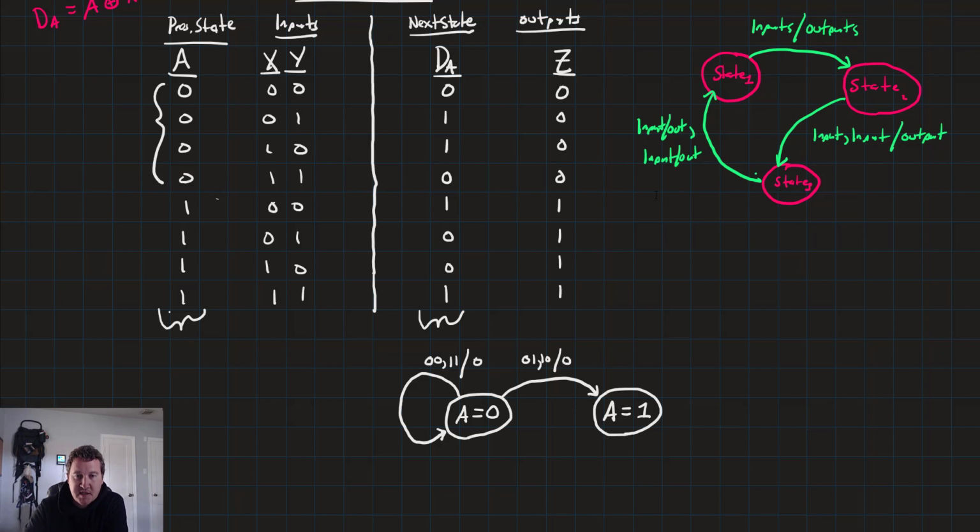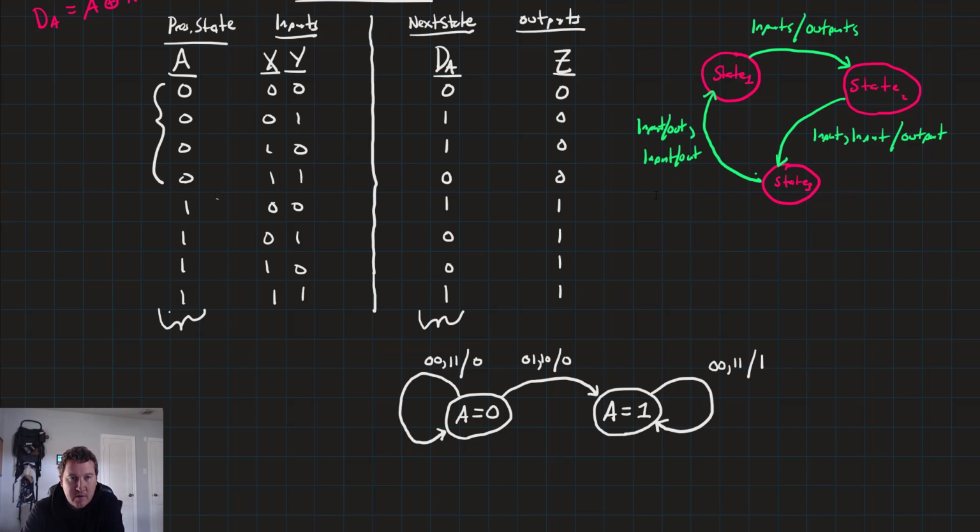Now let's look at state 1. In state 1, if we have 0, 0 and 1, 1, we see that we get next state 1 and output 1. Just like before, we can draw a state transition line that starts at A equals 1 and goes back to A equals 1, and we can label it 0, 0, comma 1, 1, slash 1.